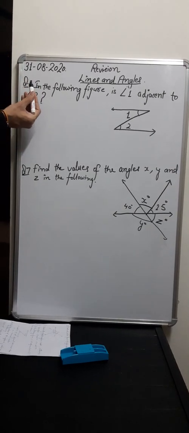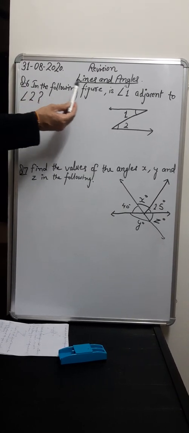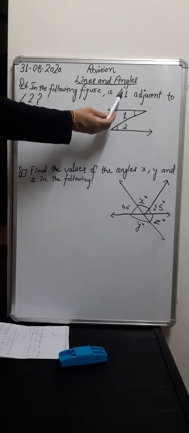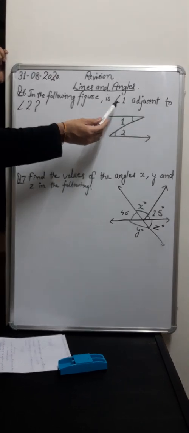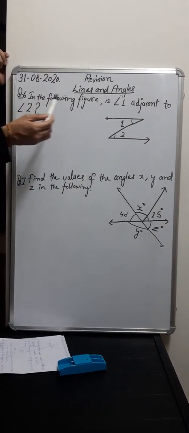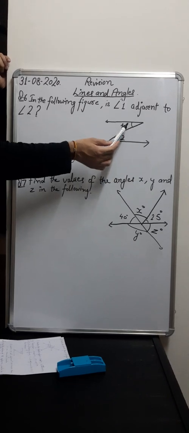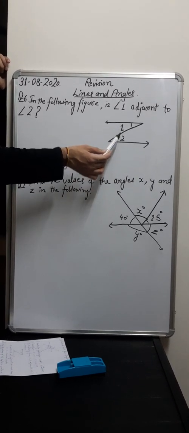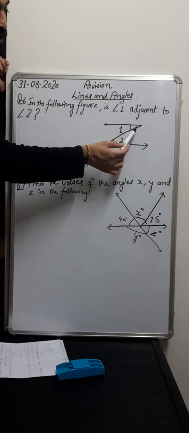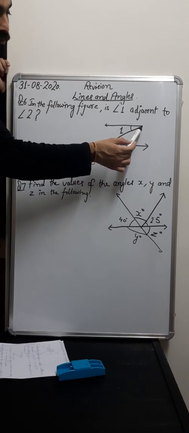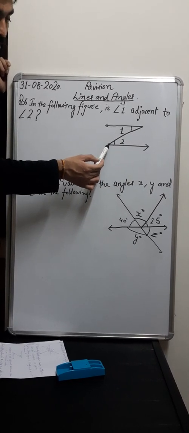Now question number 6: in the following figure, is angle 1 adjacent to angle 2? Here you have to tell whether angle 1 is adjacent to angle 2. In this figure we can see that angle 1 and angle 2 have different vertices. Angle 1 is formed at this vertex and angle 2 is formed at this vertex.